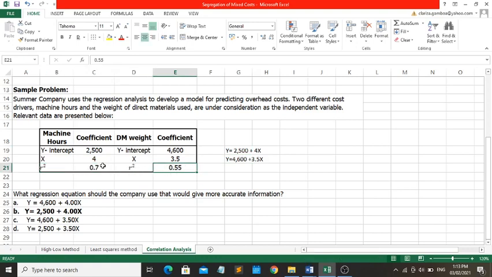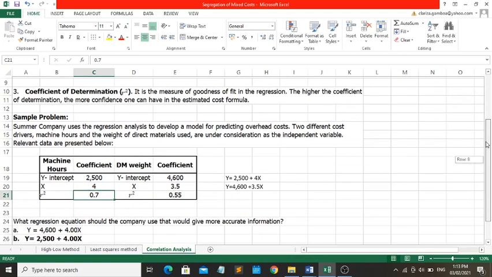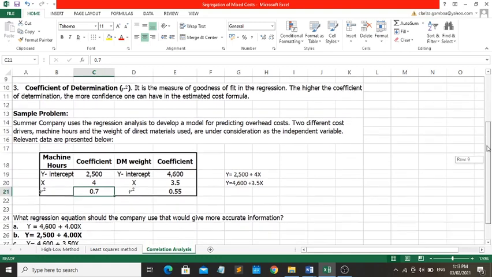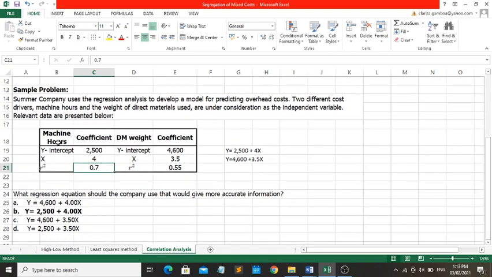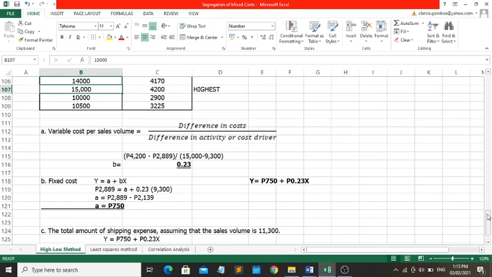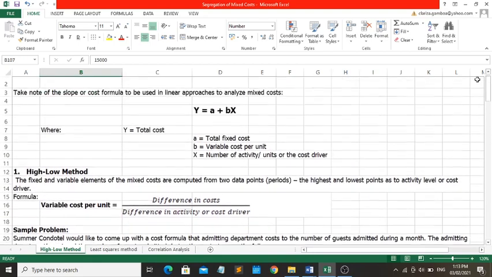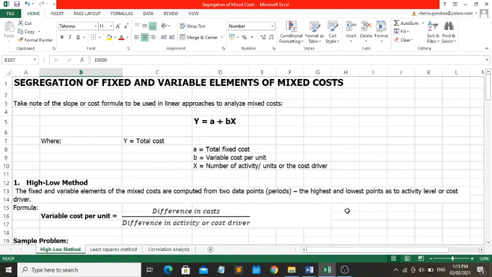Dito, 0.55. Ano ba yung mas mataas? Etong, kay machine hours, meron tayong 0.7. Ibig sabihin, mas mataas ang coefficient of determination, mas malaki yung confidence natin na yung estimated cost formula natin ay magbibigay ng mas accurate na information. Kaya ang pipiliin natin ay itong sa machine hours. So, ang sagot, letter B, y equals 2,500 plus 4x.